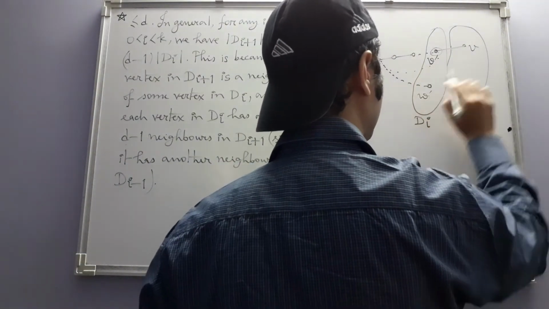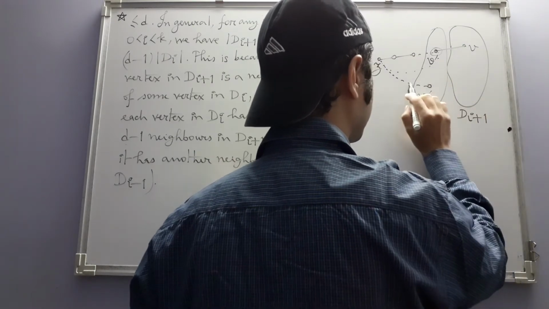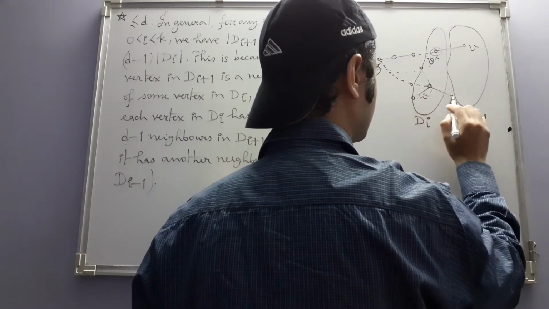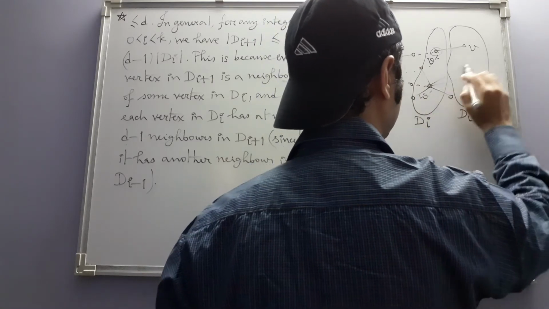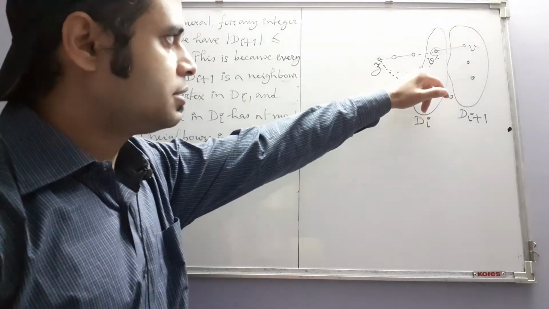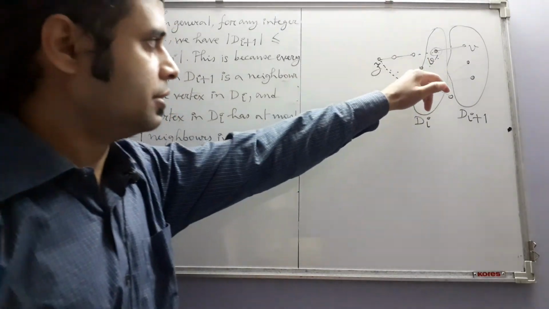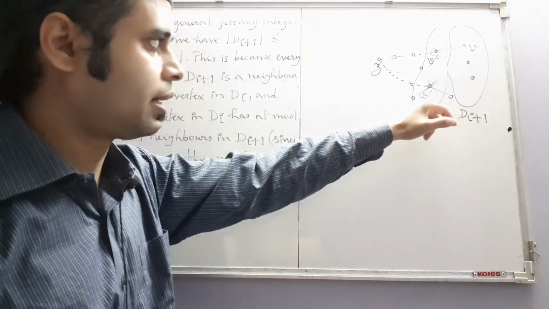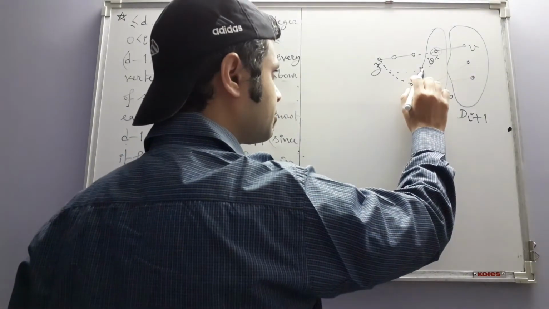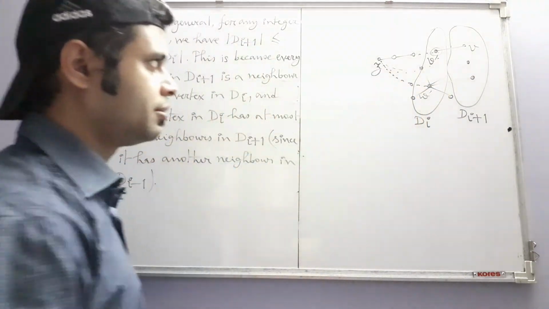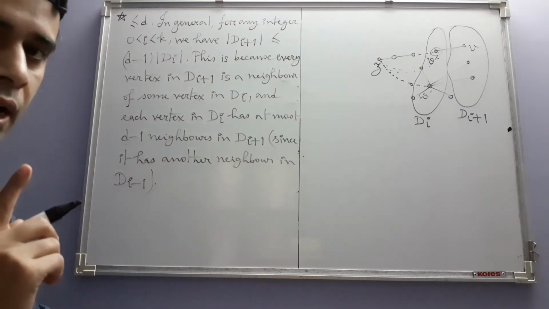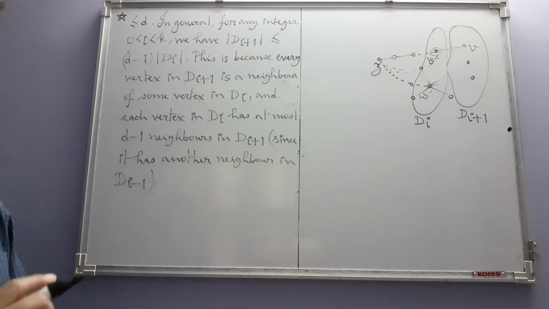Now it has some vertices here and there. It has some neighbors. Now these vertices that are neighbors of w prime, each one of them has some distance from Z. That distance is either i minus 1, i, or i plus 1.